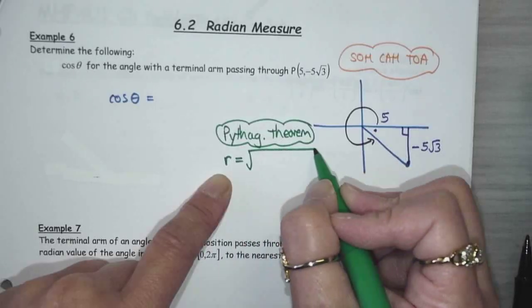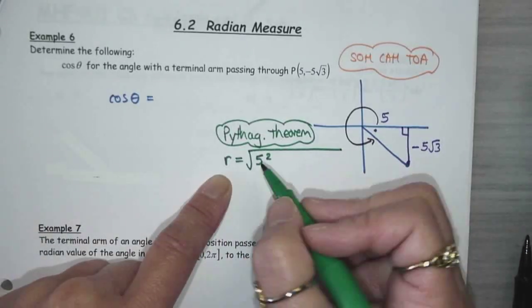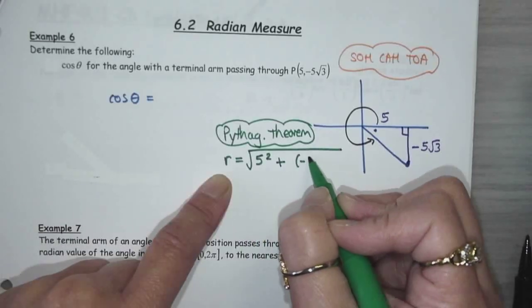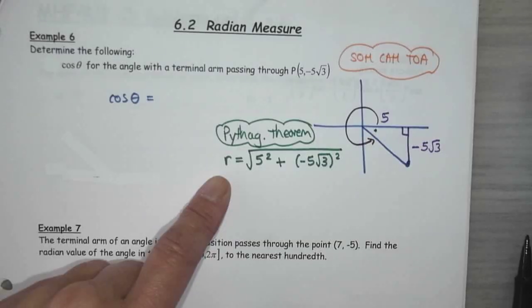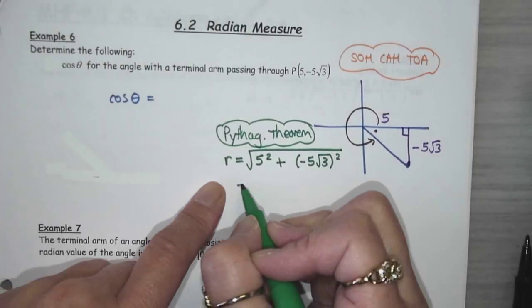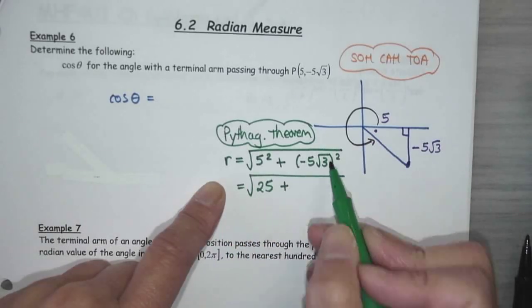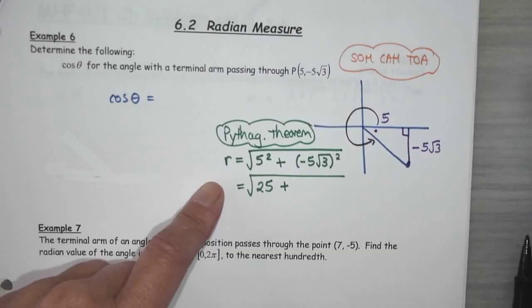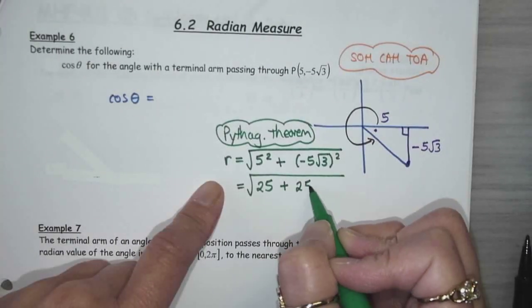And we're doing the square root of 5 squared plus negative 5 root 3 squared. We're adding it to find the longer side. That's 25 plus, what's that squared? 75. 5 times 5 is 25, times 3.